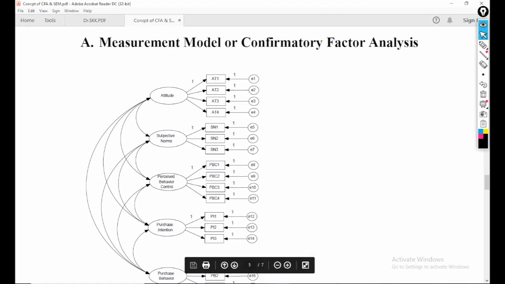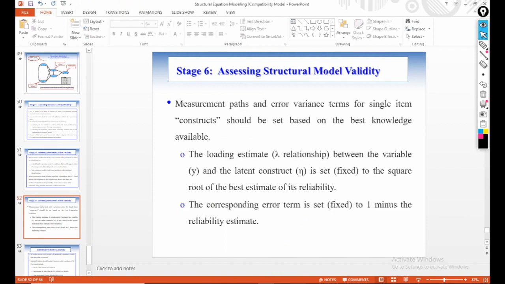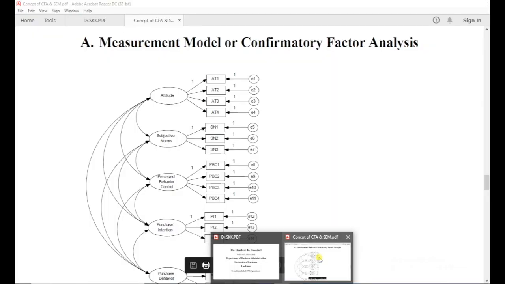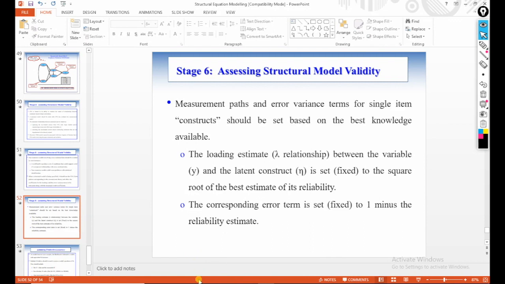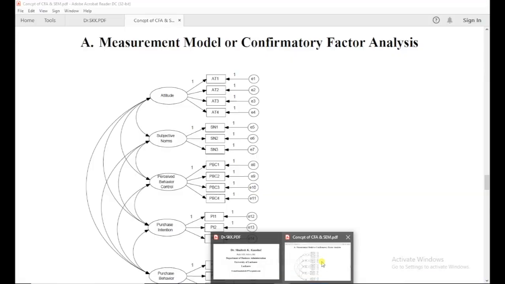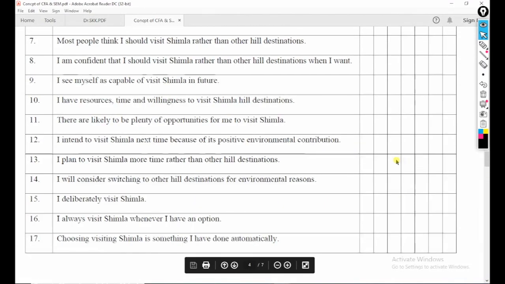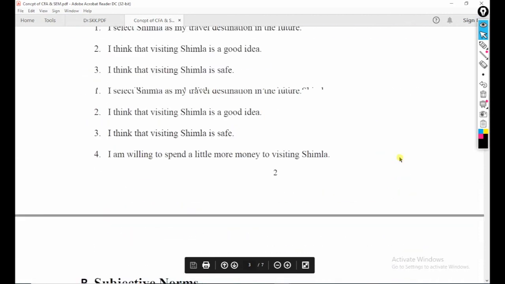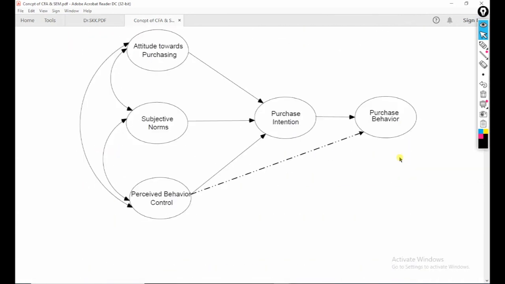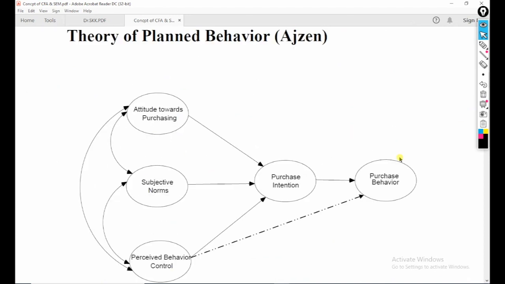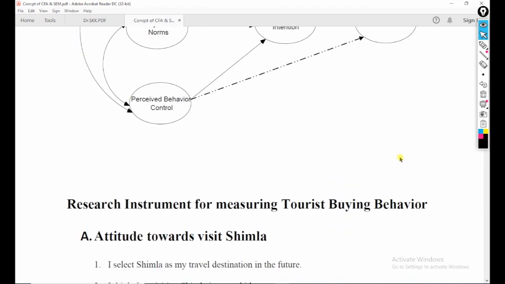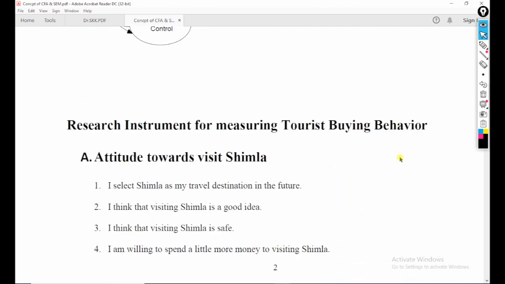We should understand the case study also. We want to know tourist buying behavior, and through the theory of planned behavior we will know the behavior of the buyers, tourist buying behavior.